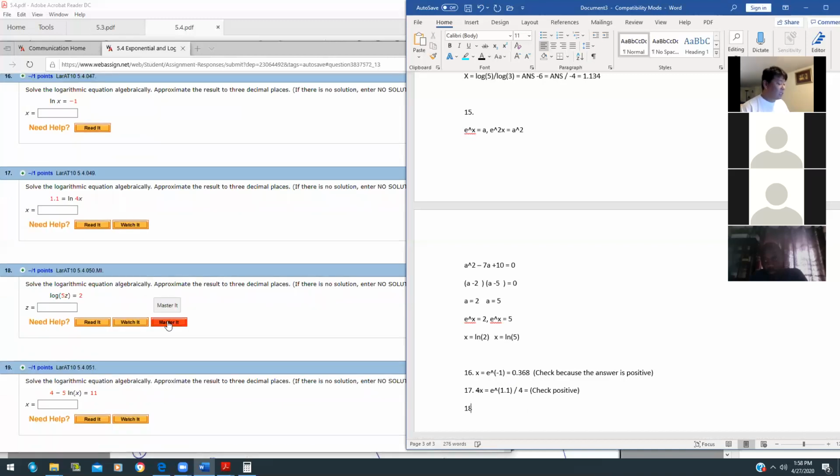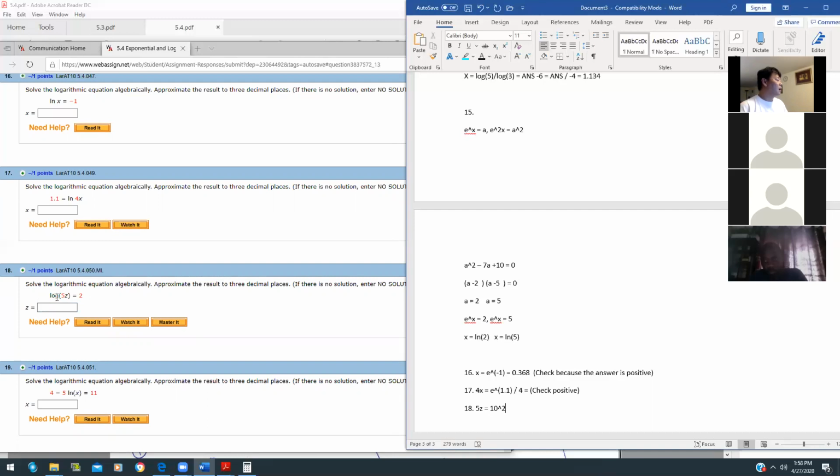How about 18? Does anyone know what happens when you move the log over? What base is log when you move over there? Anyone, when you move the log, what base do you get? 10. Yep. So this is going to be 10 to the power of 2.